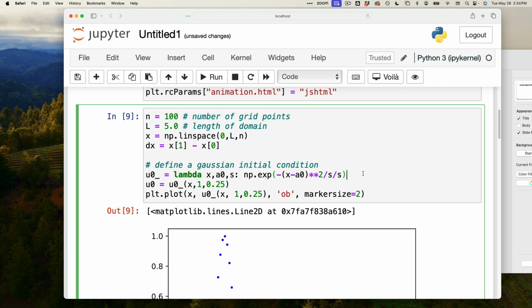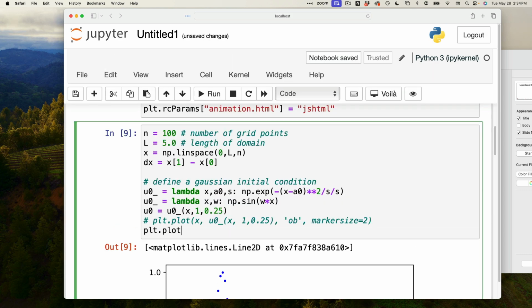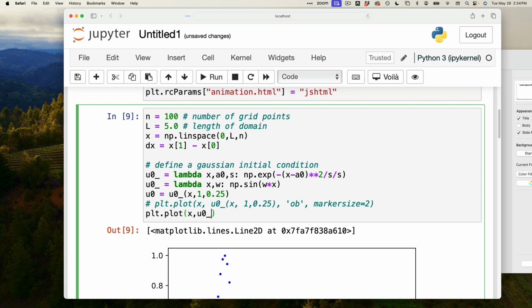Let's try with a different function, guys. Let's do the sine function. Lambda x omega, np.sin of omega times x, right? So maybe we try now with the sine function, u0 of x and like 3.